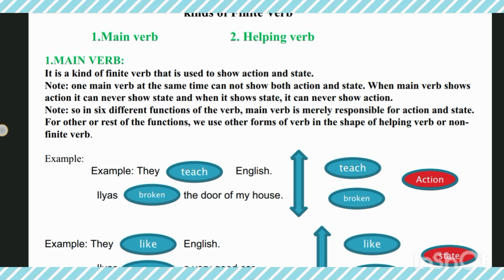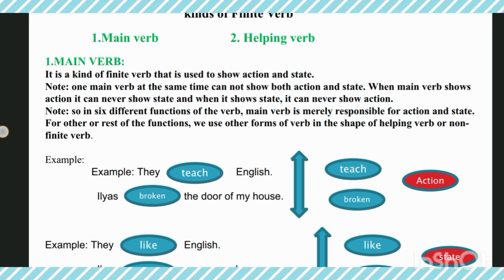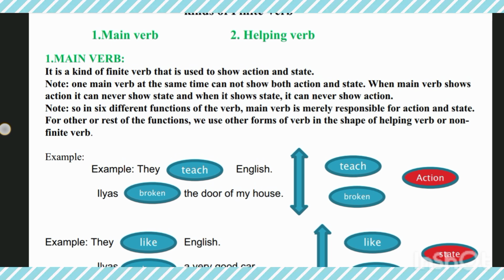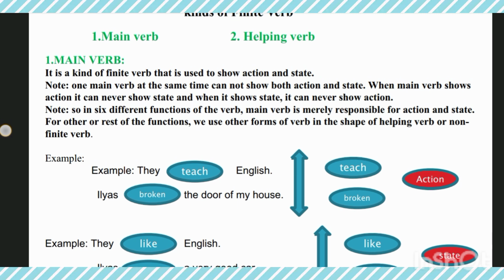In a main verb, they have two state types. But they cannot show both action and state at one time.